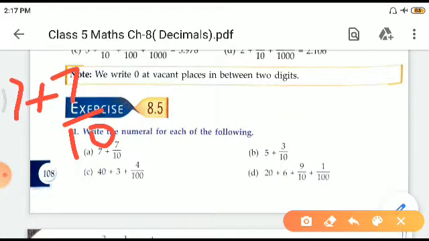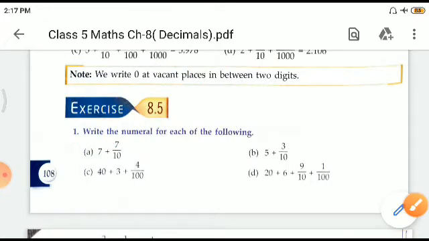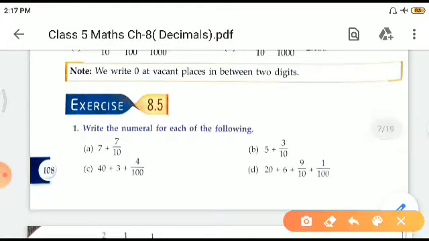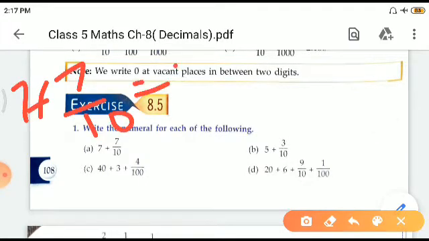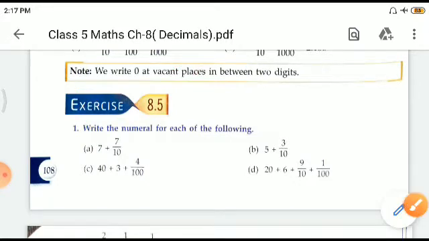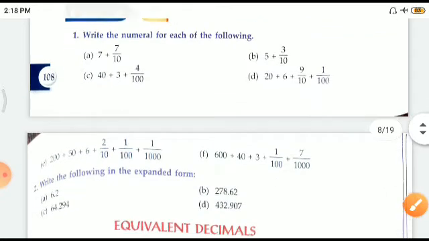If I have to write the numeral for this, 7 plus 7 upon 10, it would be 7.7, right? And we will say it as 7 ones and 7 tenths, right?